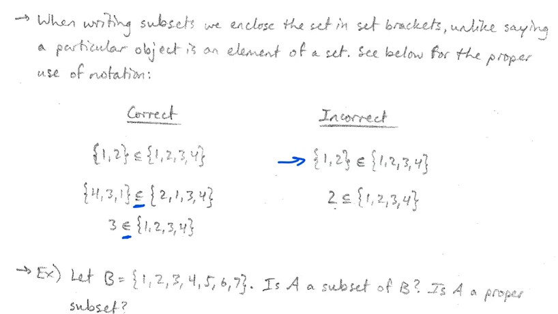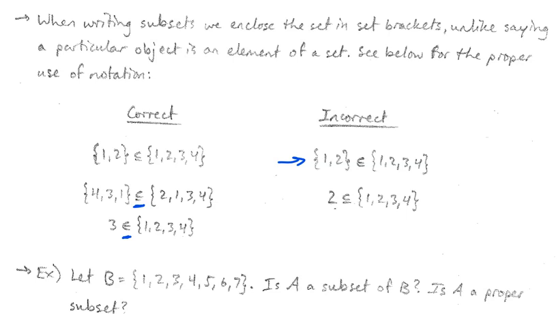I'm going to put a star next to that because later on we're going to come to a special set where something with a set bracket is actually an element of a set. But for our purposes right now, at this stage of the game, if a thing or several things have set brackets on them, it's a subset.